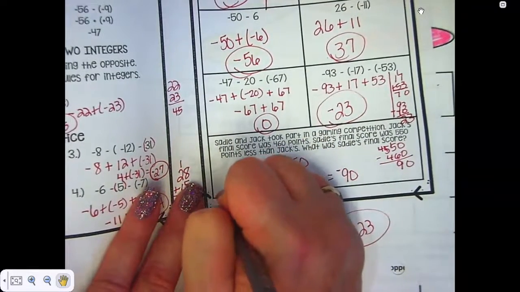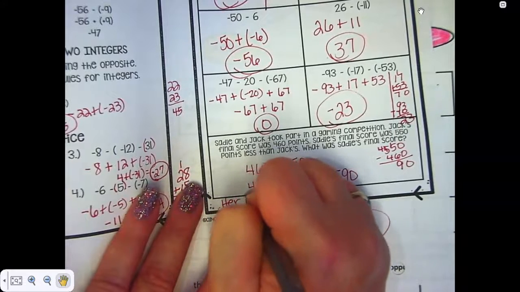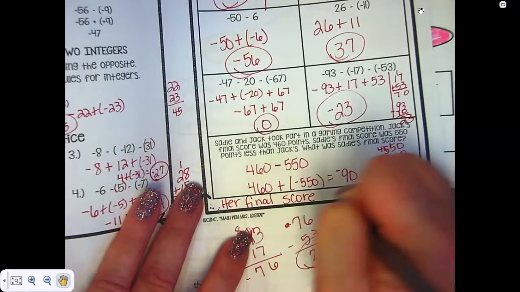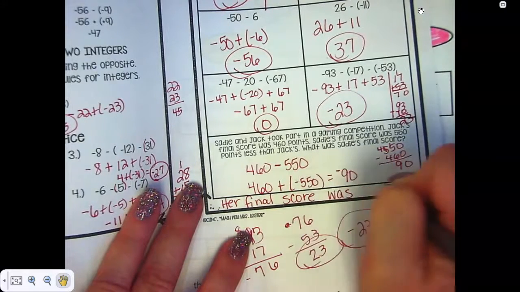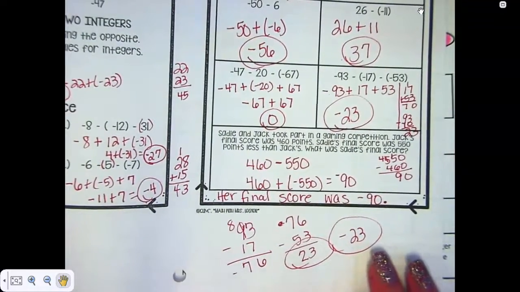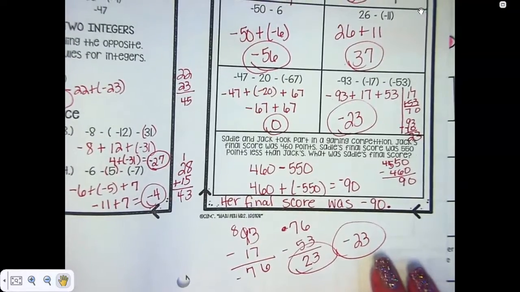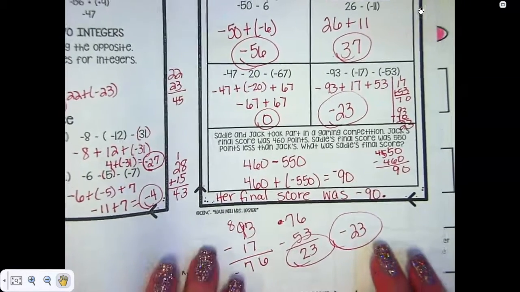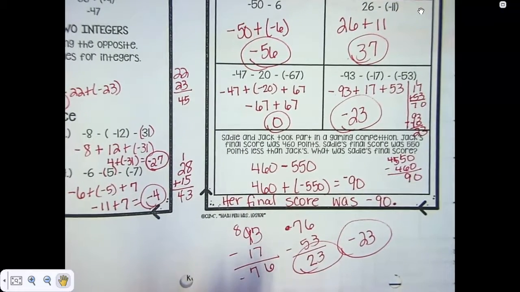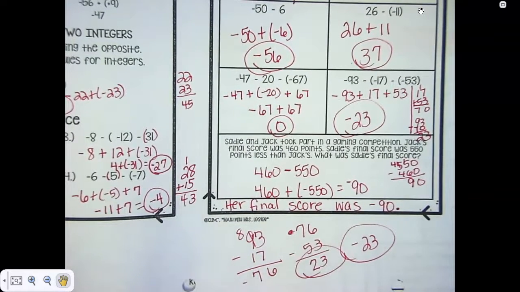So her final score was negative 90. And I guess that she needs to practice is what I'm taking away from that problem. Remember, word problems have to have words in the answer.